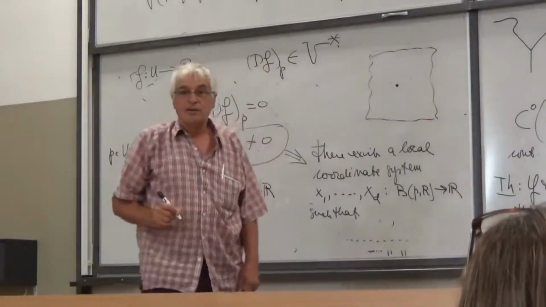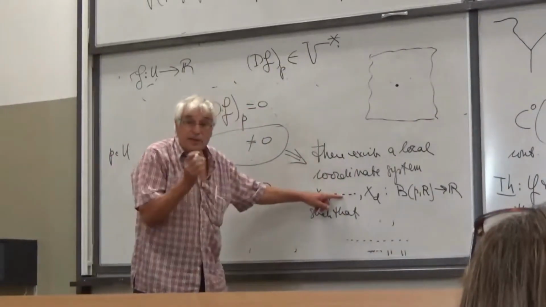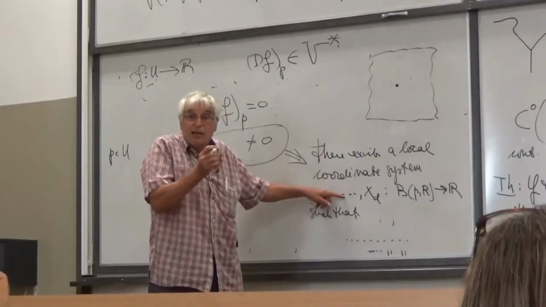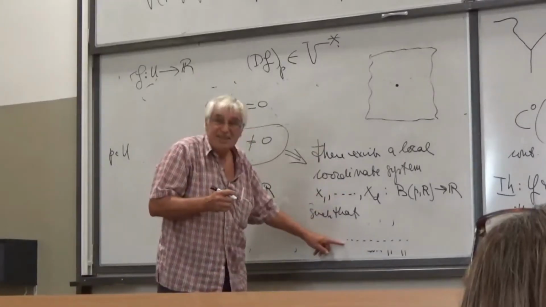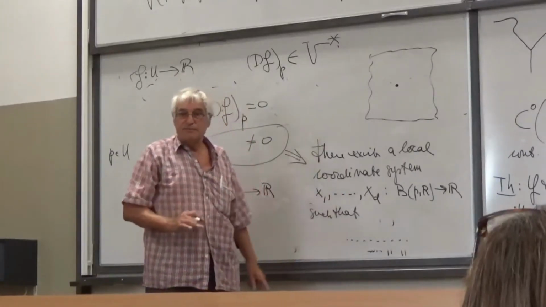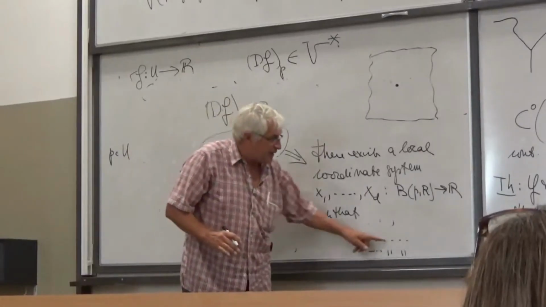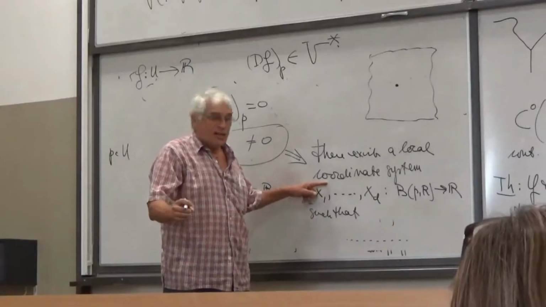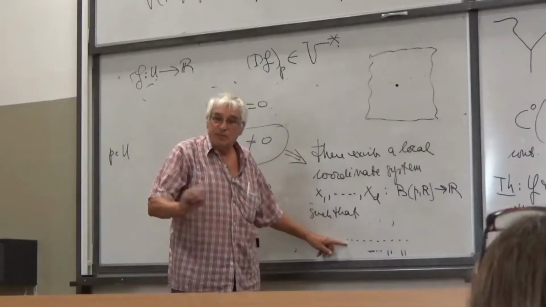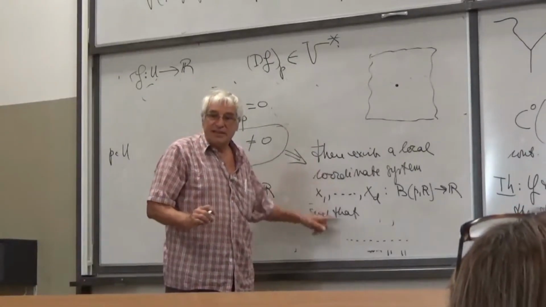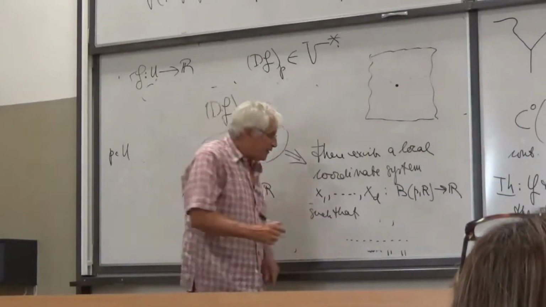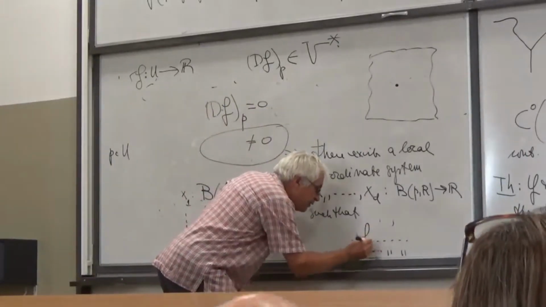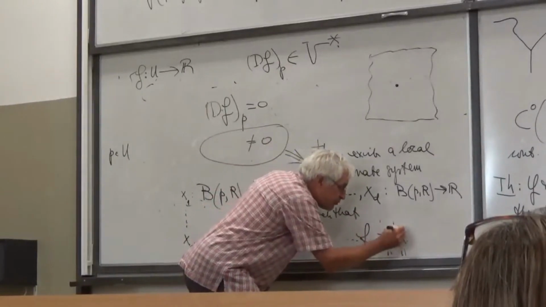This coordinate system, you can choose it such that what you write here is extremely strong. If you can write little here, then the coordinate system is not adapted to the function. If you can write here something extremely strong, then the coordinate system is adapted to the function. I write it for you: f equals first coordinate.